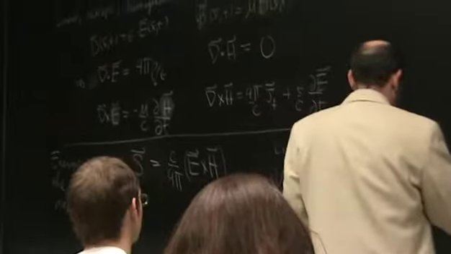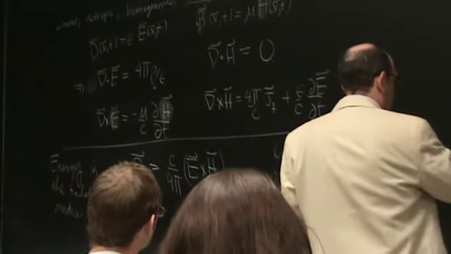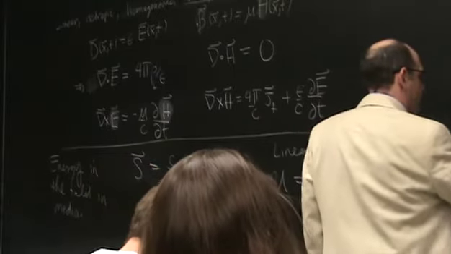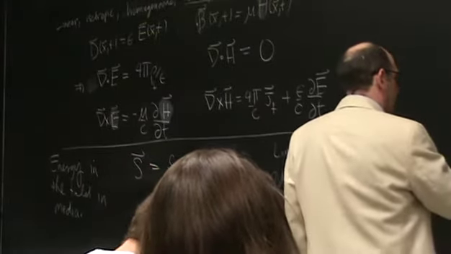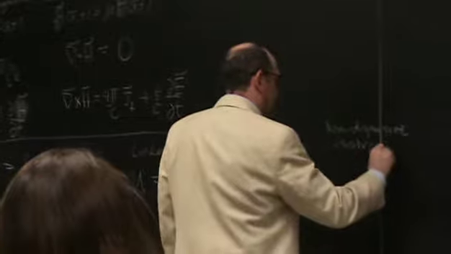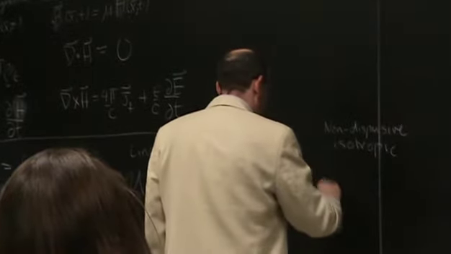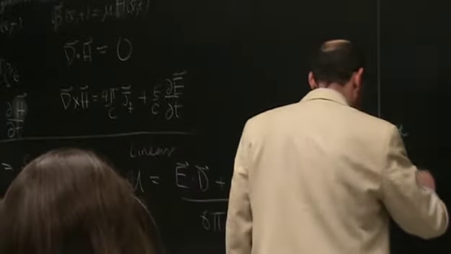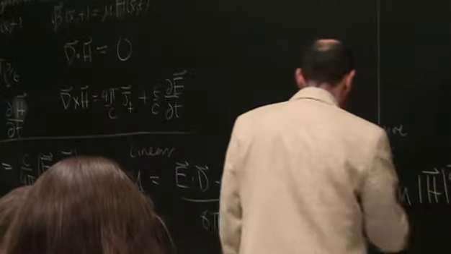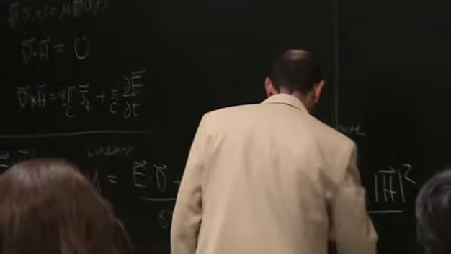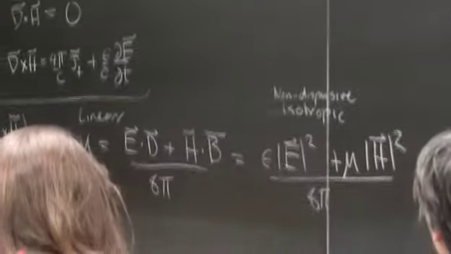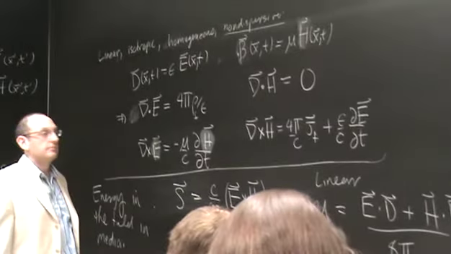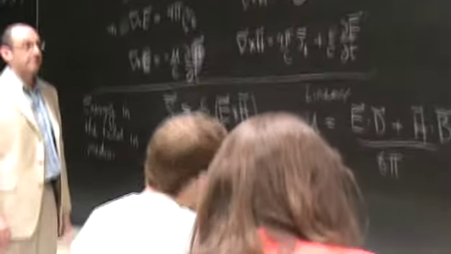Or if it's non-dispersive, isotropic, then this is often written as epsilon E squared plus mu H squared, using these relationships here. Okay?